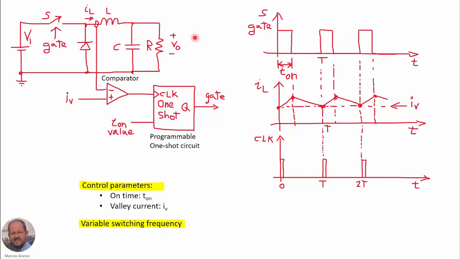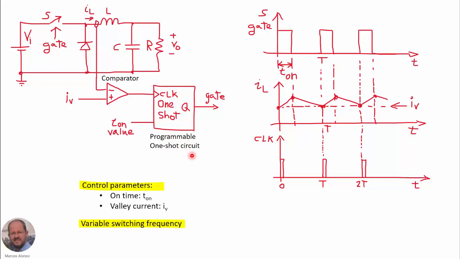This slide shows the operation of a DC-DC converter under TON control. We are using here the buck converter as an example. And here on the right we have the waveforms corresponding to the gate, the current through the inductor, and a clock signal which is used in this circuit here, which is a programmable one-shot circuit.